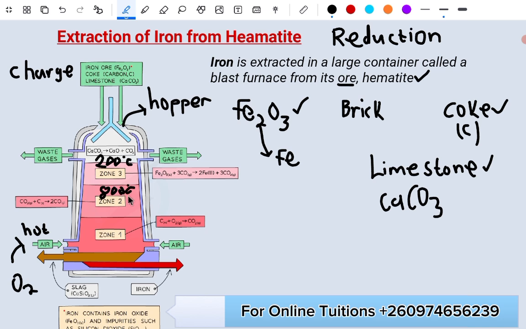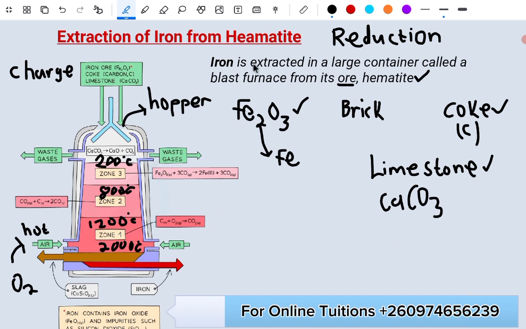And here it goes to about 1200 degrees Celsius. And if you have another one just below here, it could go up to 2000 degrees Celsius. So it's important for us to know these temperatures.